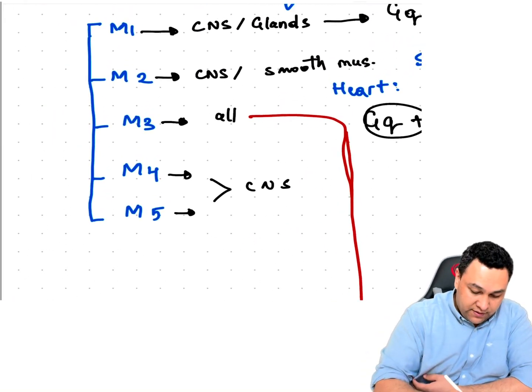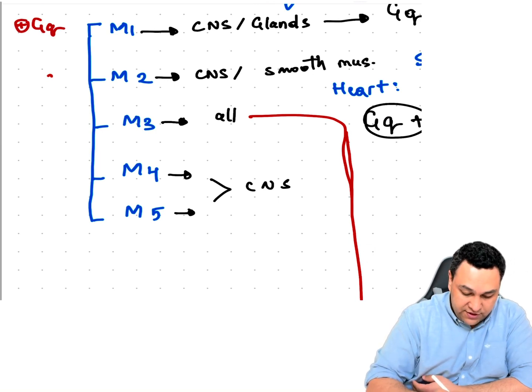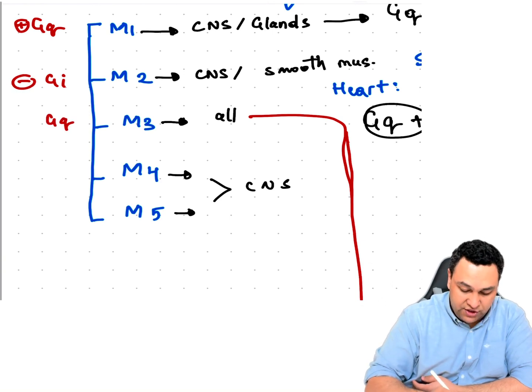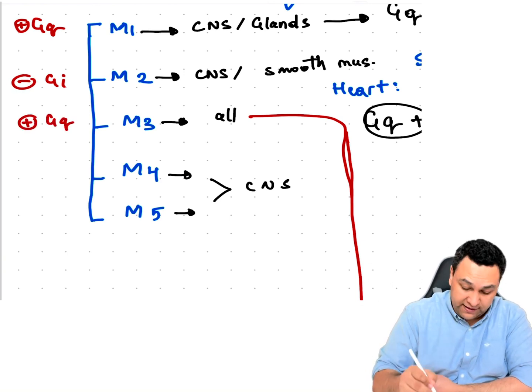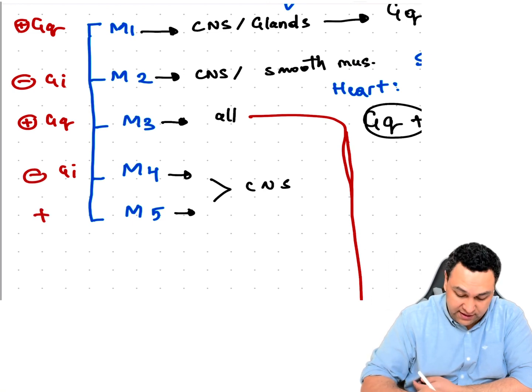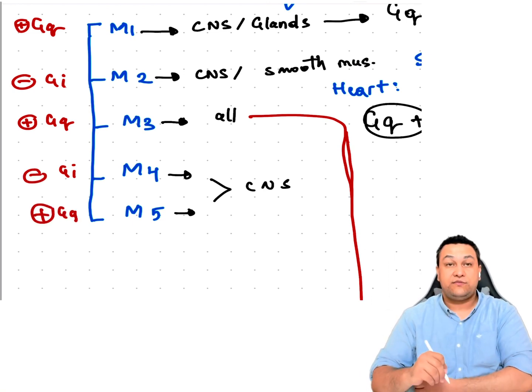M1 is coupled by Gq, which is a stimulatory pathway. M2 is coupled by Gi, which is an inhibitory pathway. M3 is coupled by Gq, which is stimulatory pathway. M4 is actually coupled by Gi, which is inhibitory, and M5 is Gq, which is a stimulatory pathway.